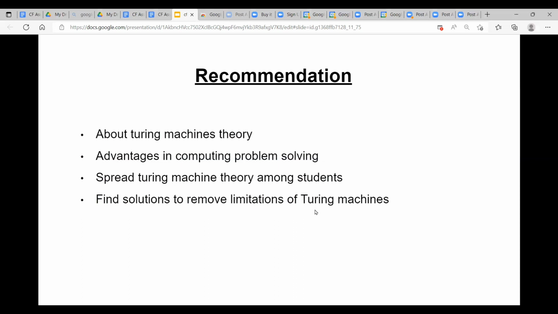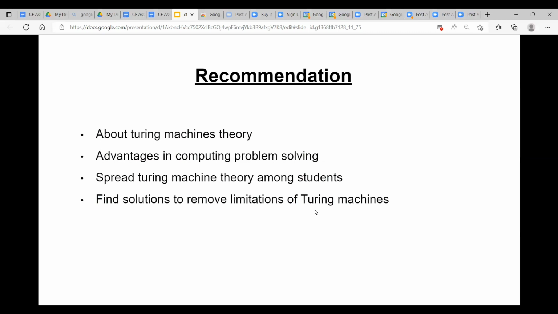So we can easily solve problems in computer science and test the limits of computation by using this system. Turing machines help to do it smartly. If we develop and spread this system among students by including this theory in schools and universities, they can specialize in this theory and solve matters in a good manner.